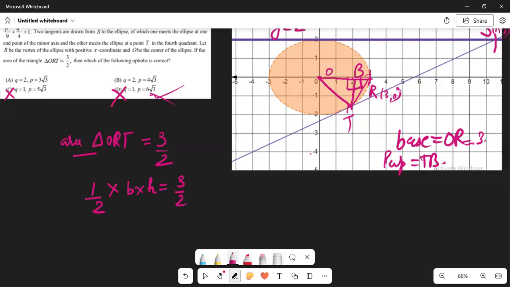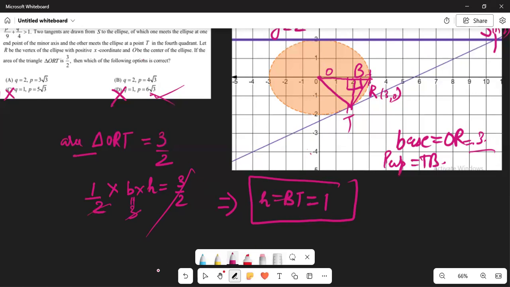The major axis is complete, so semi-major is half. So this is 3. We substitute this value in the area equation, and the 3 gets cancelled, and you get height BT equals 1.